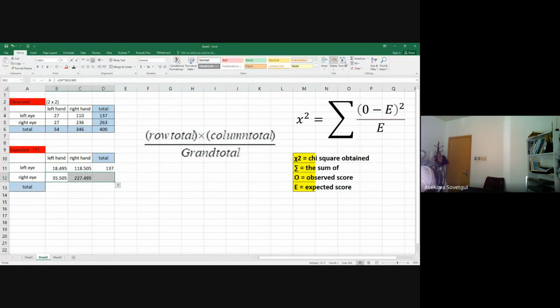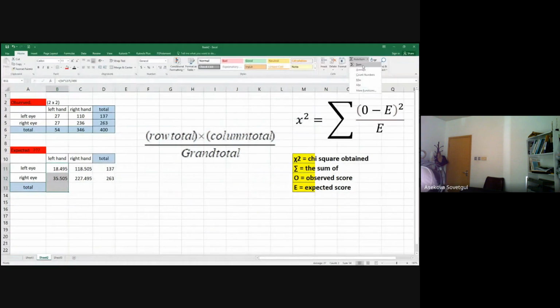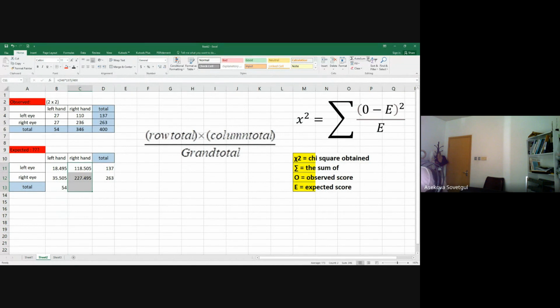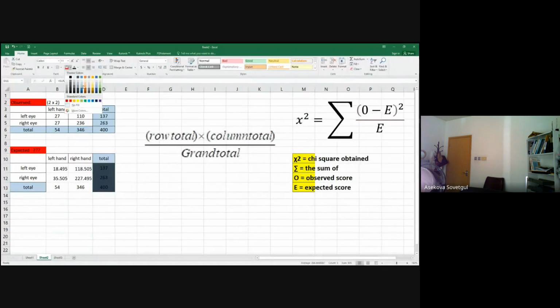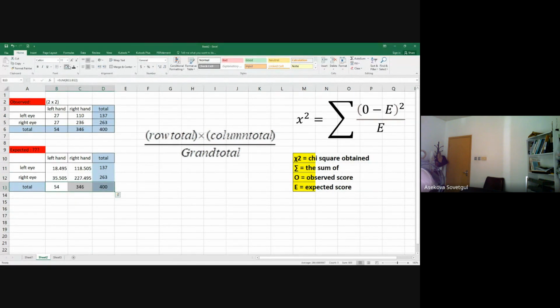Here also summation, and here also summation. Perfect. And here again summation, it should be equal to what we have for the observed values. It should be equal. Okay, perfect.